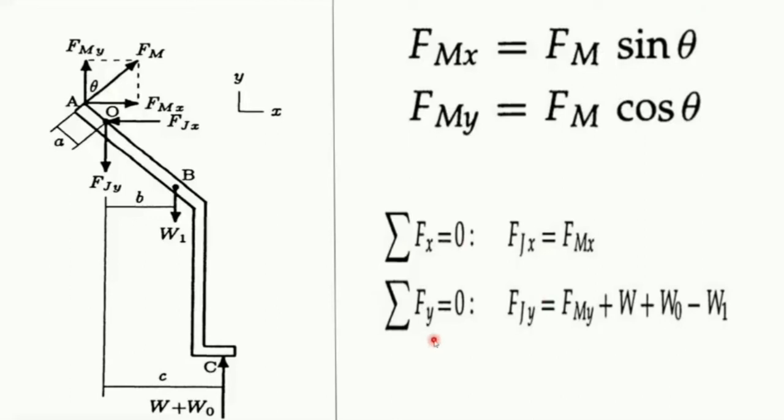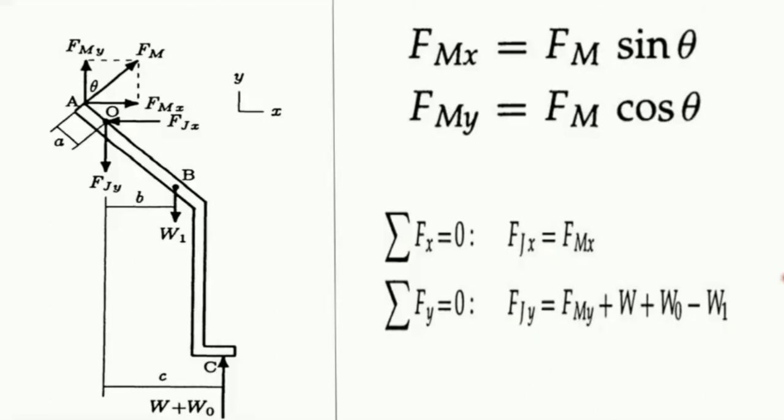Next, sigma Fy equal to 0. In the y direction, we have Fmy acting upward, Fjy acting downward, W1 acting downward, and W plus W naught acting upward. So we can write the equation as the sum of downward forces is equal to the sum of upward forces. So Fjy plus W1 is equal to Fmy plus W naught, right? But here we want Fjy, so we can send W1 to the other side.